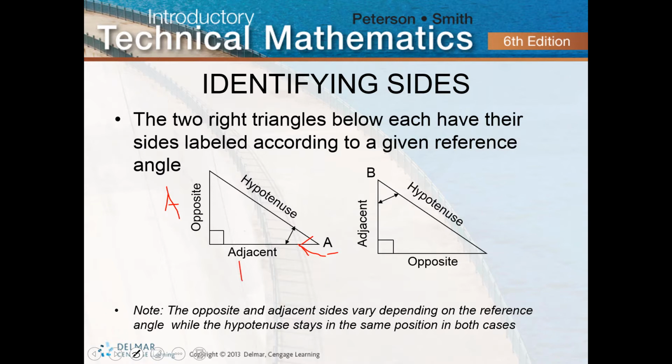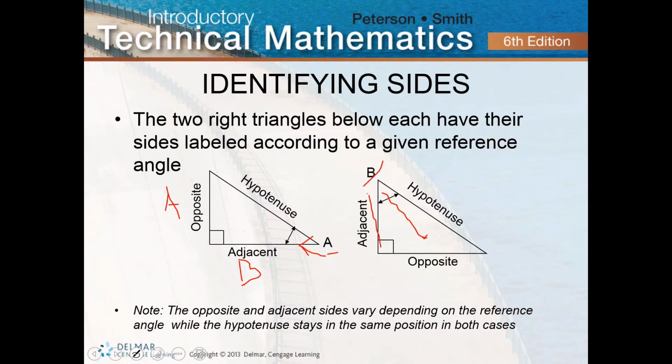Well, B is next to angle B, all right? Now, if we move to angle B, what was adjacent to angle A is now the opposite, it goes right across from angle B. And then B, this side right here, is now adjacent.